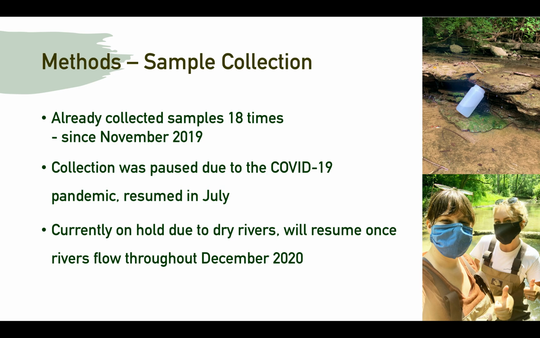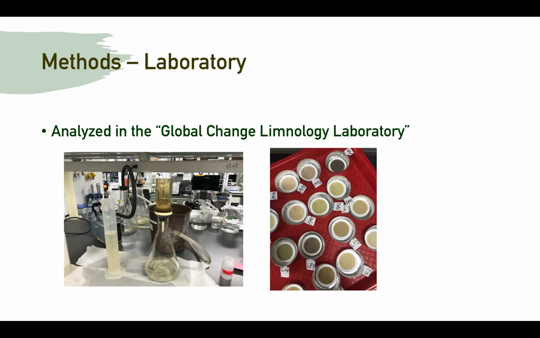Water samples are usually collected bi-monthly during the semester and weekly during the summer months. Due to the COVID-19 pandemic, sampling was paused in March 2020 and resumed the last week of May. Due to all streams currently being dry, collection is paused again until the rivers resume flowing.